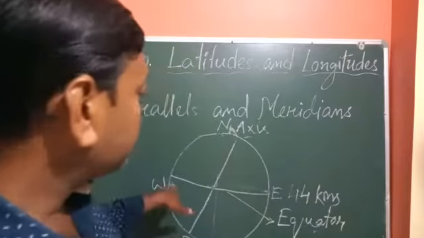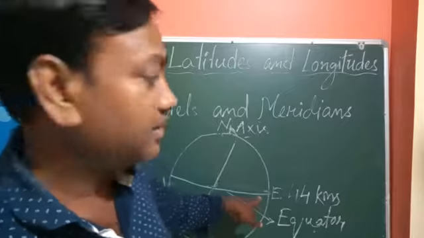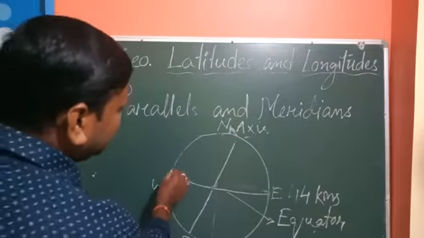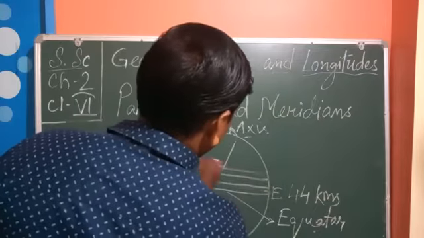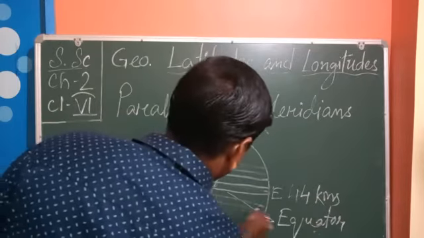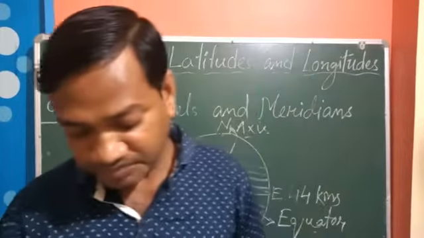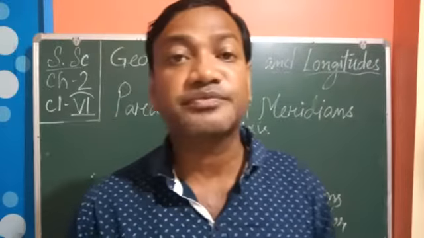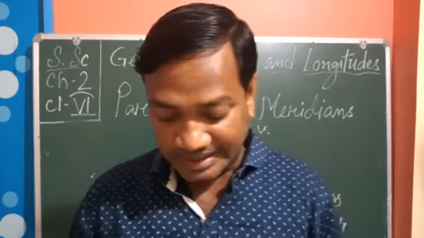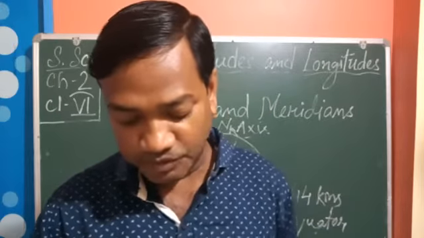The circles which run from west to east are called parallels. Here in the middle is the equator, and many lines are parallel to that. These lines are called parallels. In the second set, the circles run from north to south and pass through the North Pole and the South Pole.